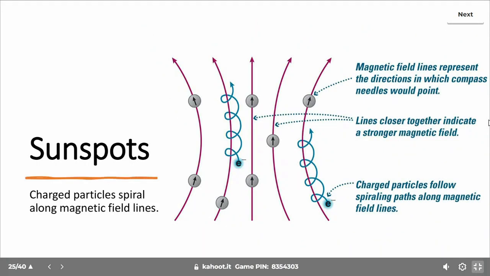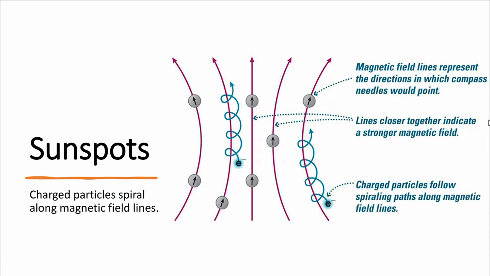And so what we think is happening with sunspots are basically the start and end of where these magnetic field lines are breaking out of the surface of the sun. And as we'll see, we can map these magnetic field lines by looking at these charged particles that travel along the field lines.